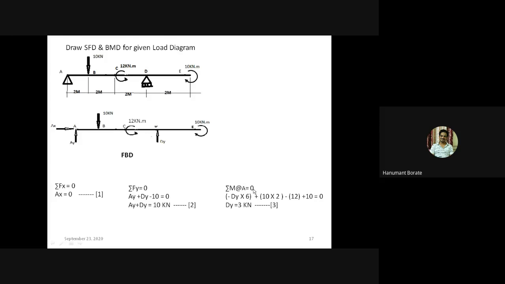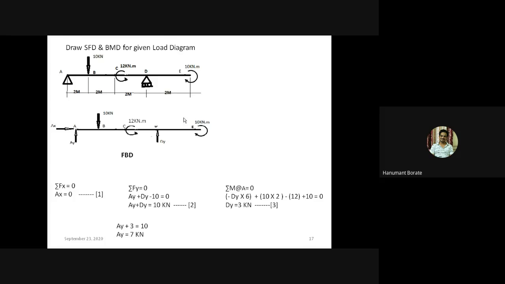So if we take moment about point A, we'll get the answer for Dy for this roller support. So Dy equal to 3 kilonewton. If we put the value of Dy in this equation, we'll get the value of Ay, that is 7 kilonewton.